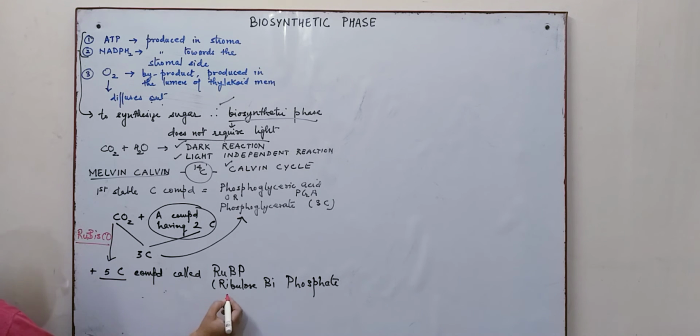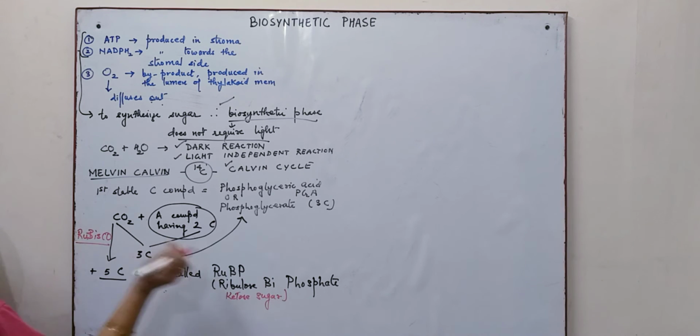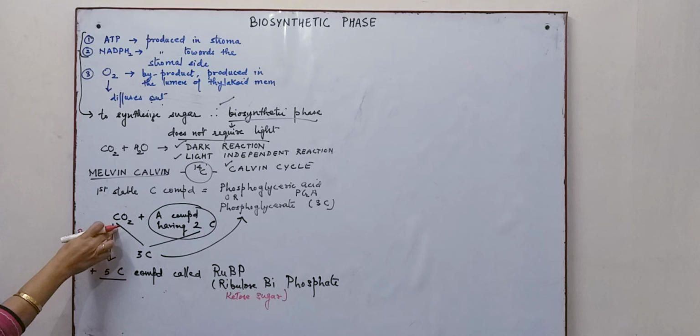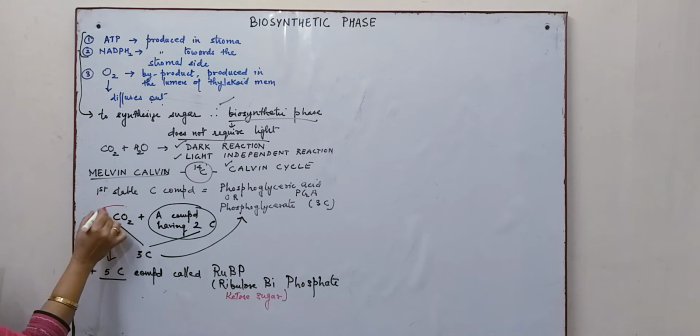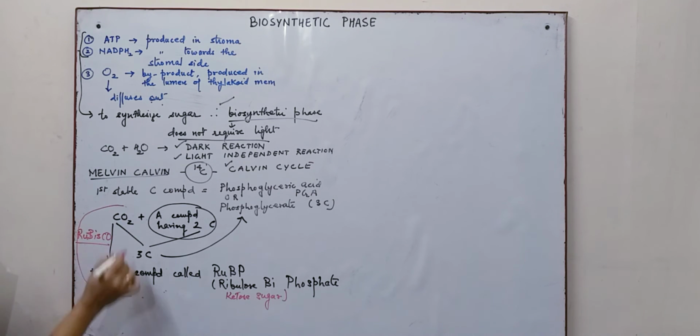RUBP is a ketose sugar. When carbon dioxide is accepted by RUBP, this process of combining carbon dioxide with the five carbon compound is known as carboxylation, because here the addition of carbon dioxide is taking place.